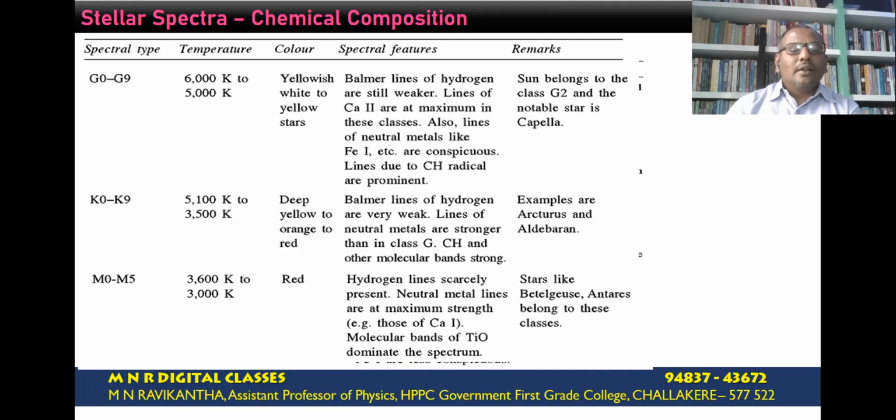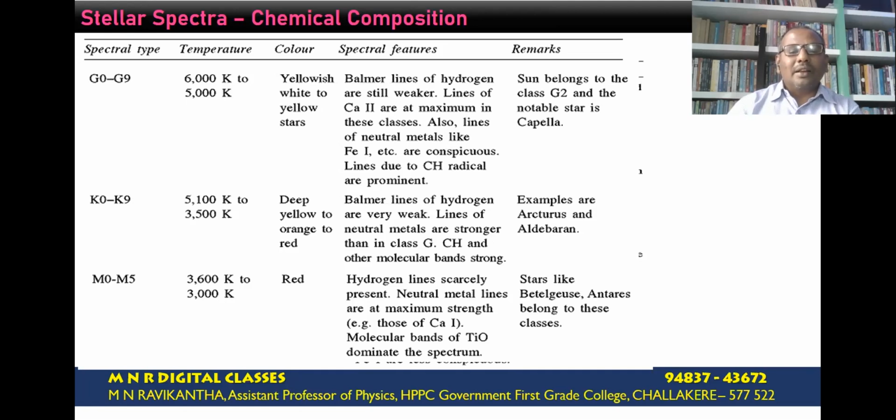M-class stars have temperatures varying from 3,600 to 3,000 Kelvin, and they appear reddish in color. In this spectra, hydrogen lines are scarcely present, and neutral metal lines are at maximum strength. The molecular bands of titanium oxide are also dominating the spectrum.